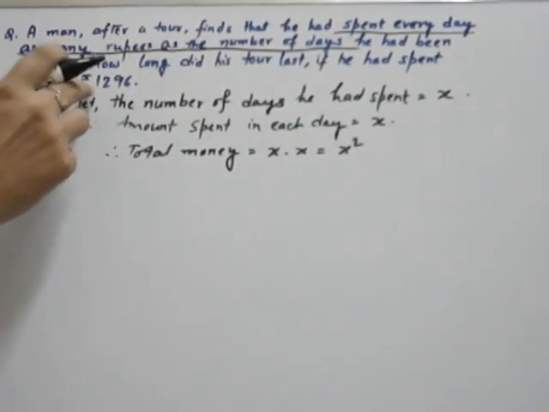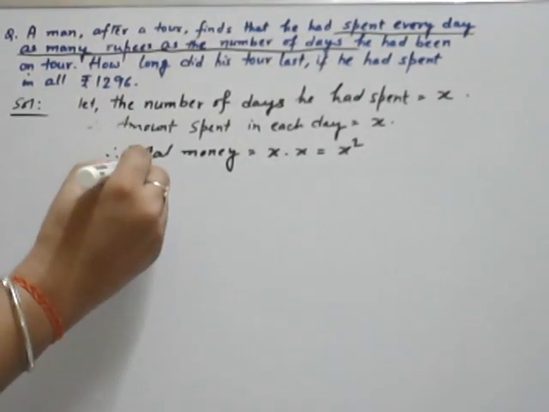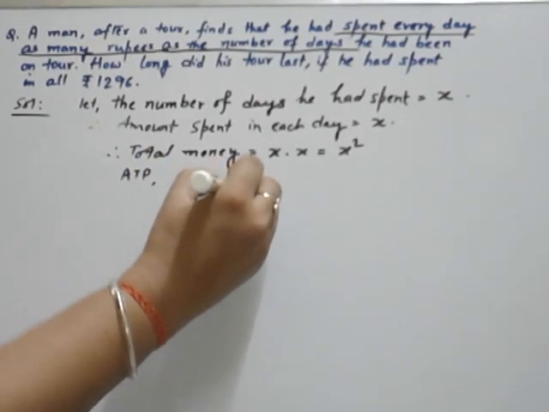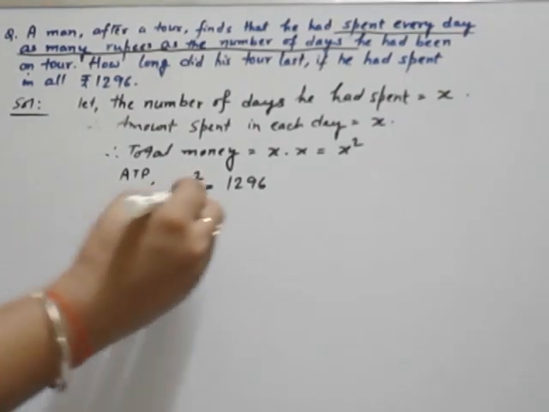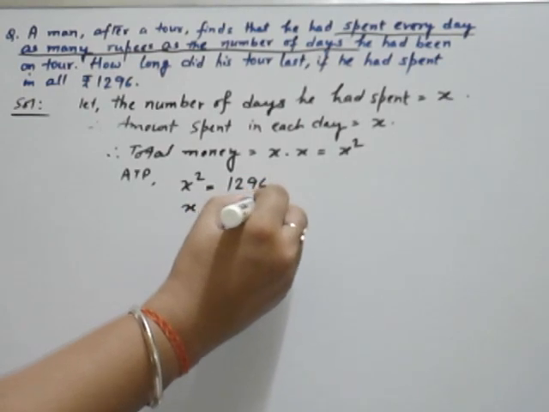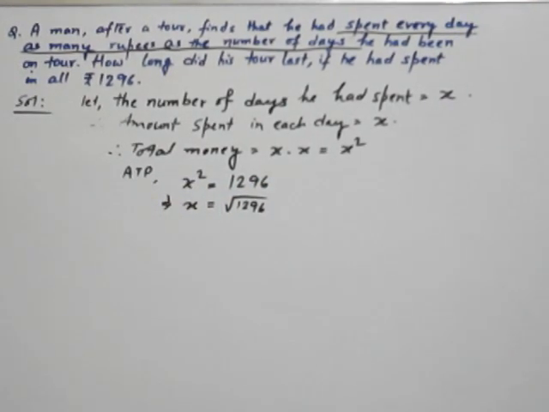Now given amount is 1296. So according to problem, X square is 1296. So value of X is square root of 1296.